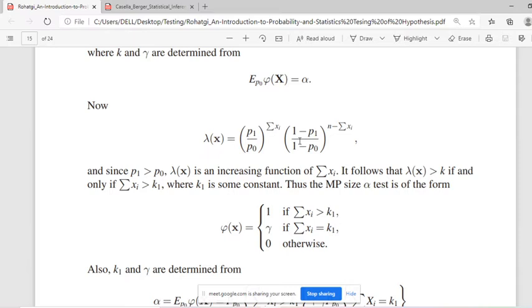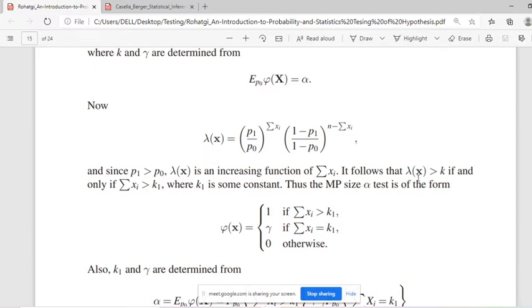So we can reject the null hypothesis when lambda x is greater than k. This is our criterion.